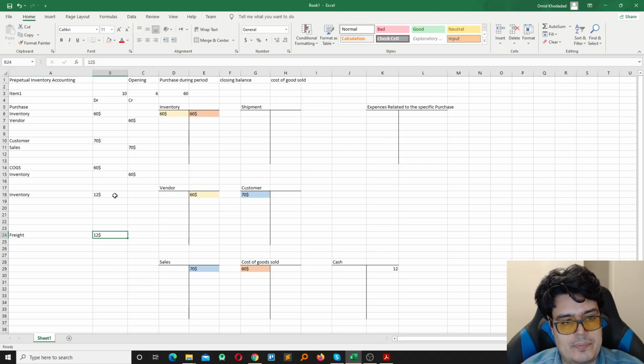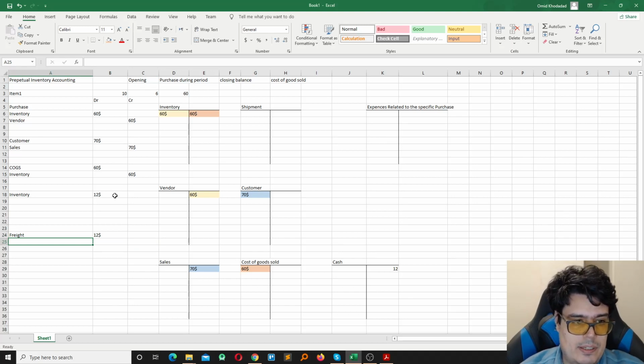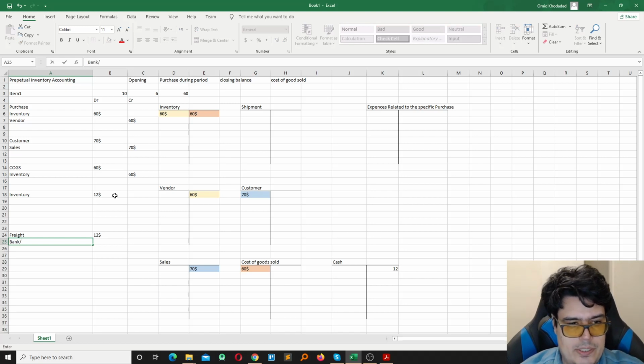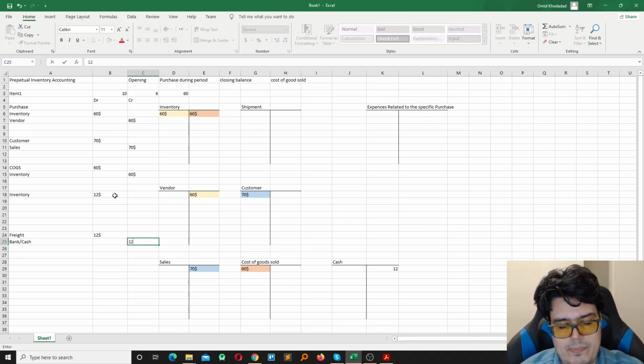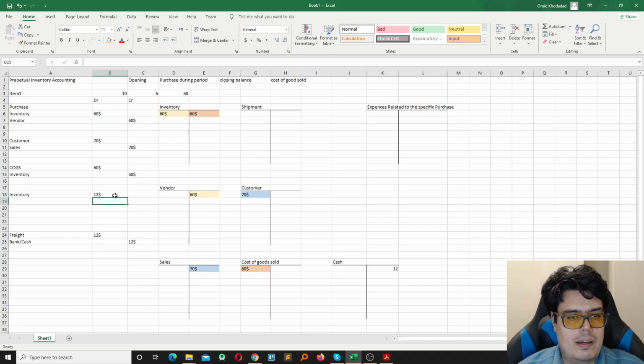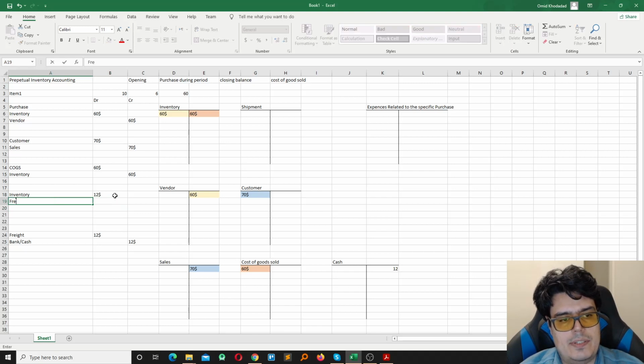It is a temporary account. It is not an account which comes into the trial balance. And then, because we paid, normally a bank or cash has to be credited for this $12. And then this inventory will be debited, and the freight expense has to be credited.